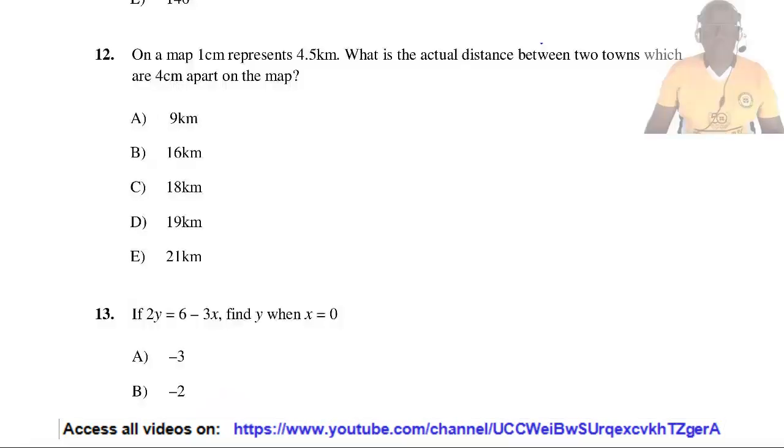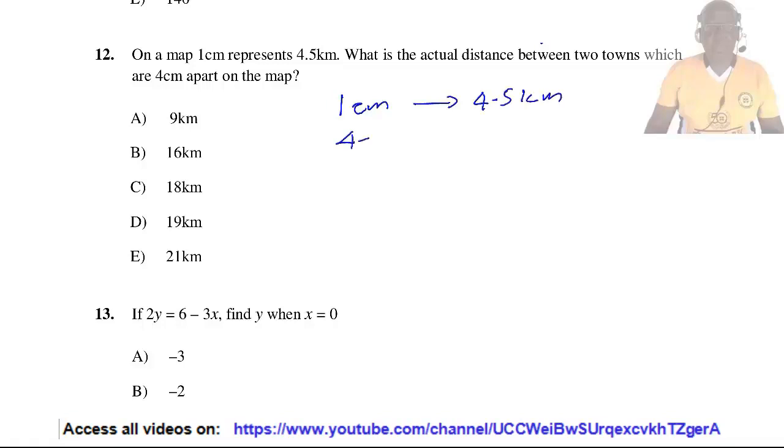Question 12. On a map, 1 centimeter represents 4.5 kilometers. What is the actual distance between two towns which are 4 centimeters apart on the map? We know that 1 centimeter represents 4.5 kilometers.